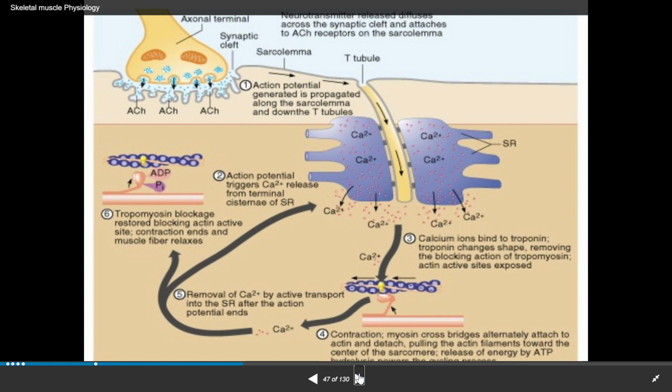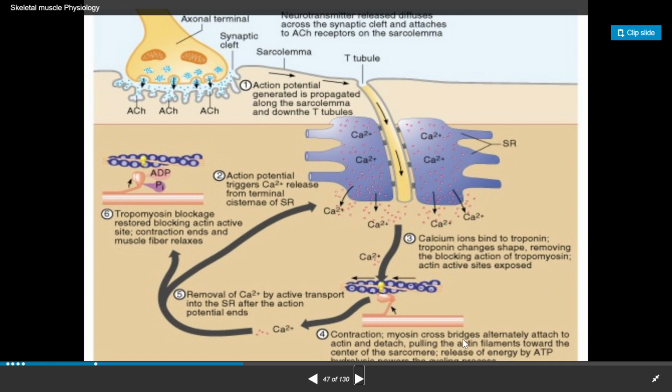You can see in this picture, starting from step 1, the action potential traverses across the T tubules. The action potential triggers calcium release from the terminal cisternae of the sarcoplasmic reticulum. Calcium binds to troponin, troponin changes its shape, removing the blocking action of tropomyosin.